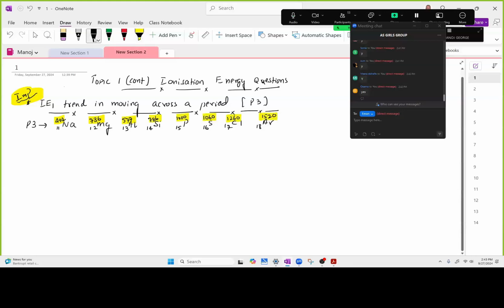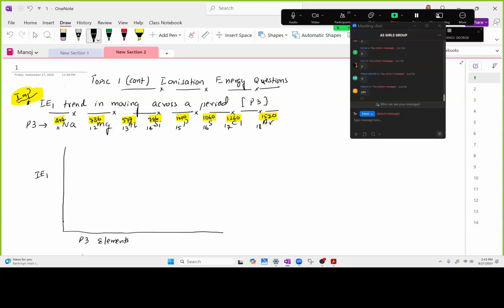Now I want you to make a sketch of it, because you will sometimes be asked to draw the sketch and explain why this is happening. This is the ionization energy axis and these are the period 3 elements, and we are trying to find out what the trend is. I'm giving you a start. Sodium is 494, so I'm marking sodium here. Notice the ionization energy for magnesium is higher than sodium.